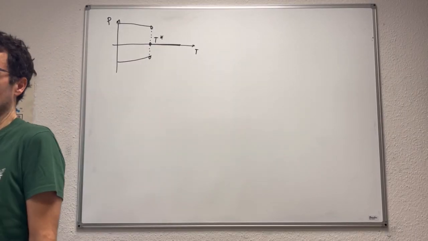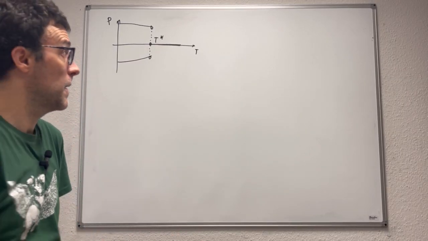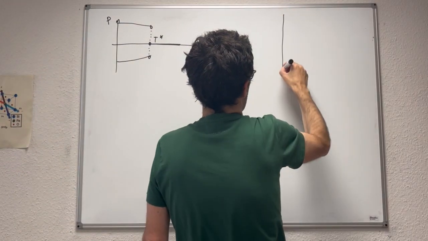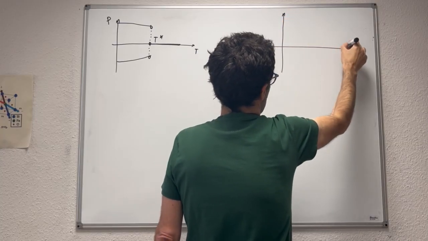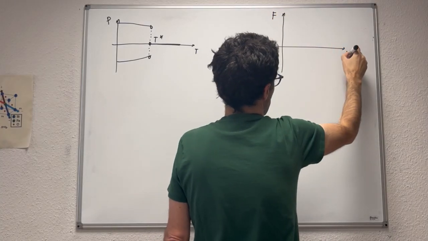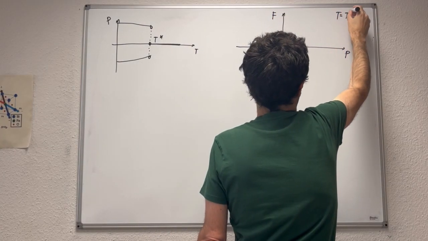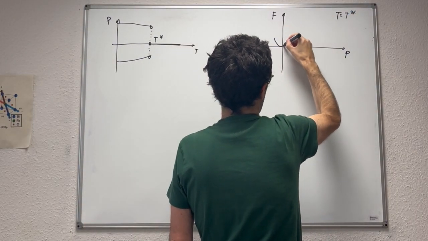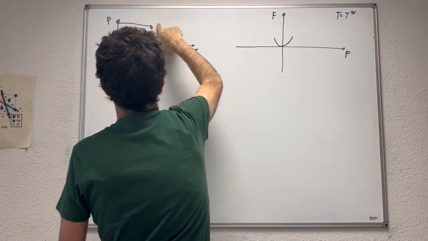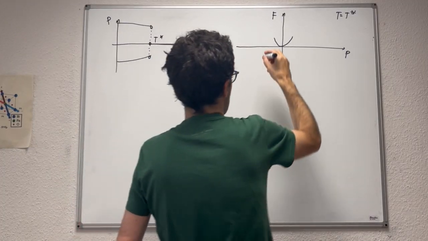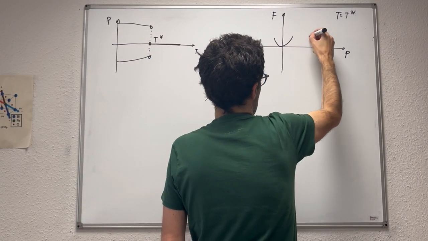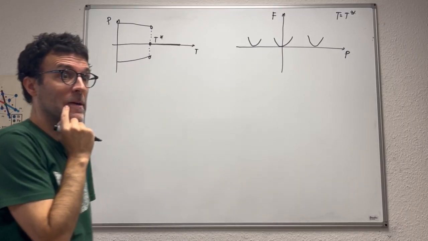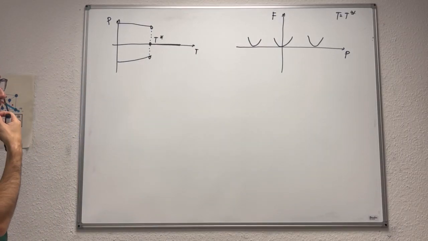The free energy potential at T star has to have three minima, right? So if I plot F as a function of P for T equal T star, I have to have a minimum around P equal to 0, and I have to have two symmetry-related minima at finite values of the polarization, positive and negative.